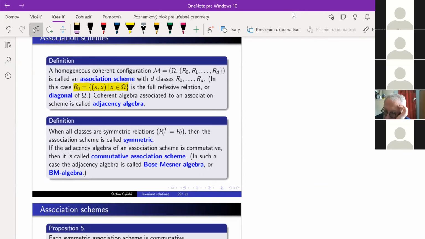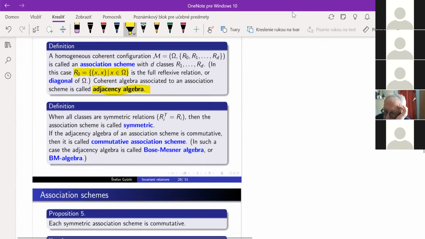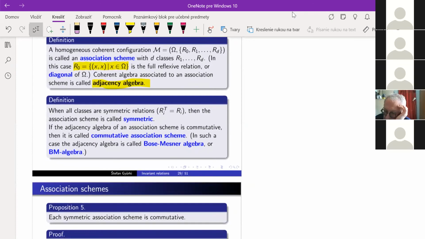A coherent algebra, which is corresponding to an association scheme, will be called adjacency algebra. And if an association scheme has all relations such that they are self-transposed, that is, the relations are symmetric, or equivalently saying that all the basic graphs are undirected, then we are speaking about a symmetric association scheme.